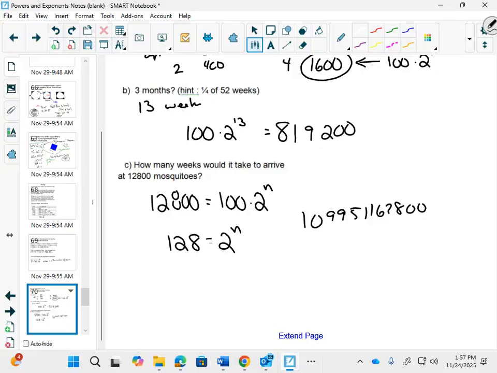So I'm guessing it's less than 40. Anybody else want to guess a number? 40 was way too big. 20? 20 is over 1,000,000. We want to get 128. 7? Ooh, you got it. That was crazy. There it is. n is 7.